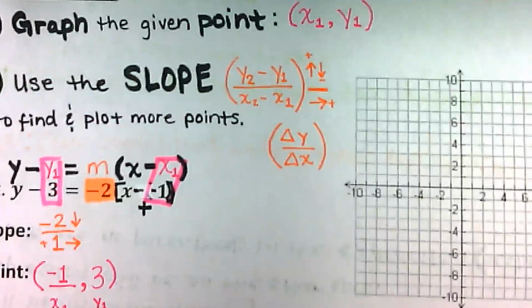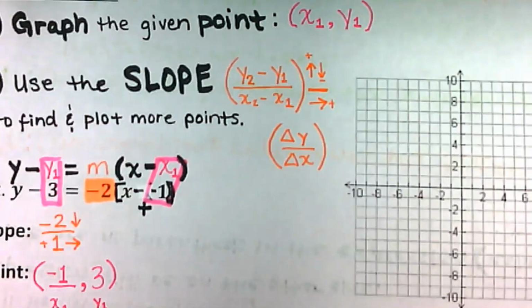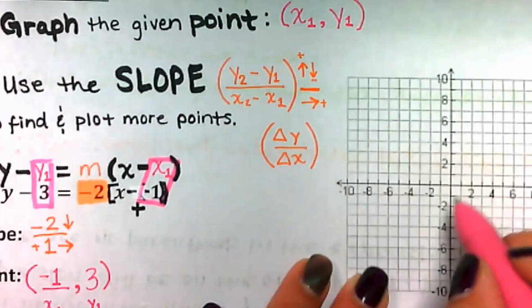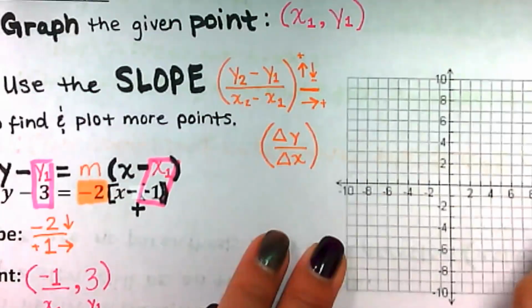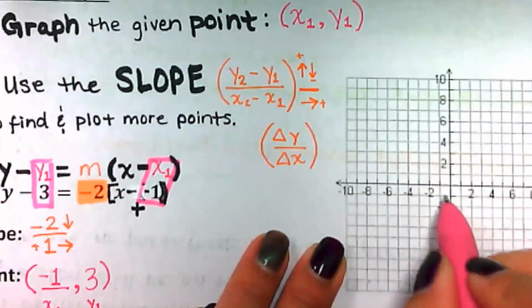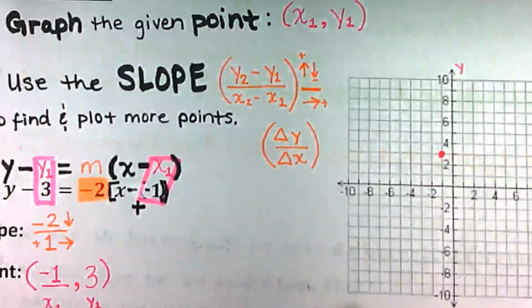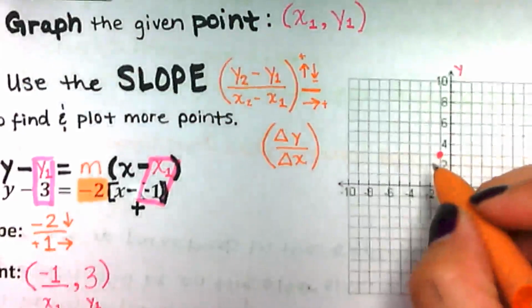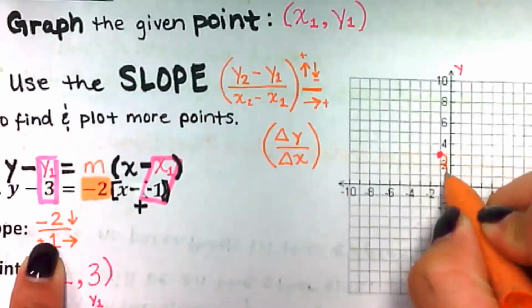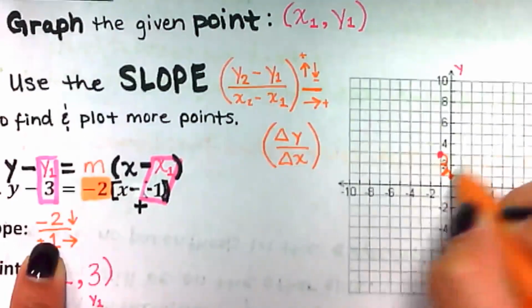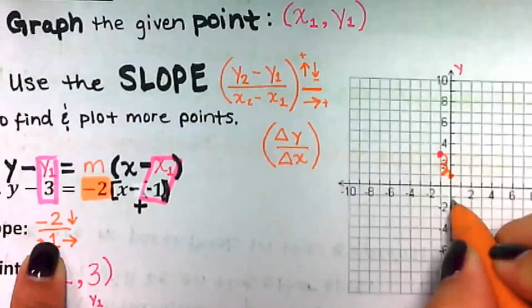All right, so we're going to graph the point. Negative 1, which is on the x-axis, and then positive 3 on the y-axis would be right here. Again, I'm going to follow my slope. I'm going to go down 1, 2, and to the right 1.